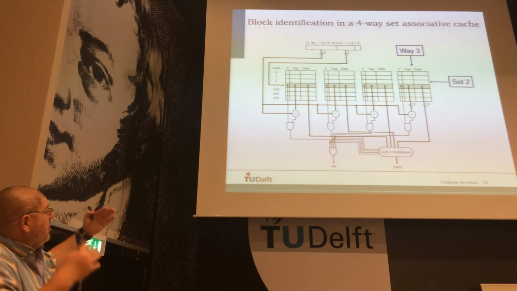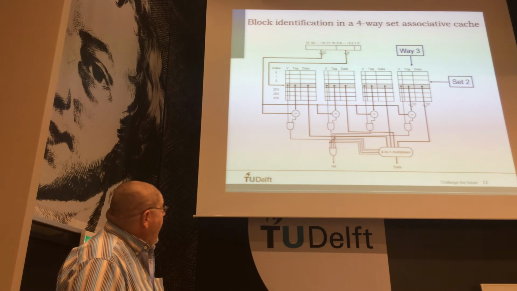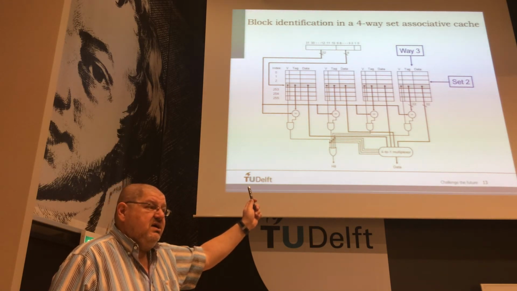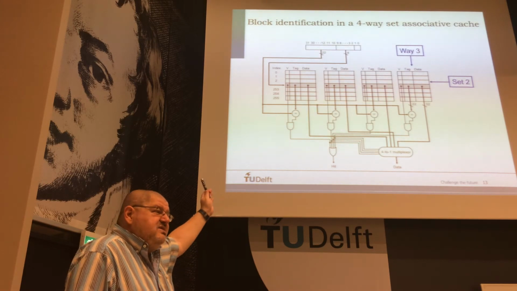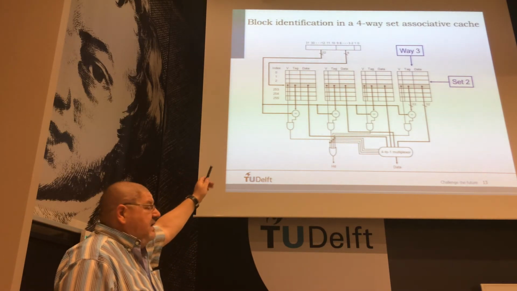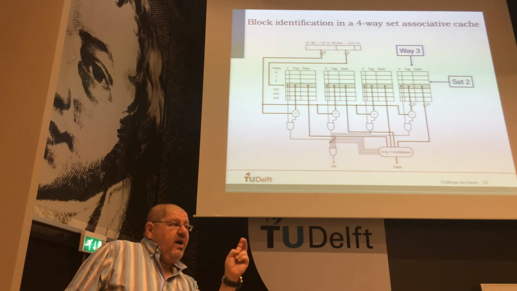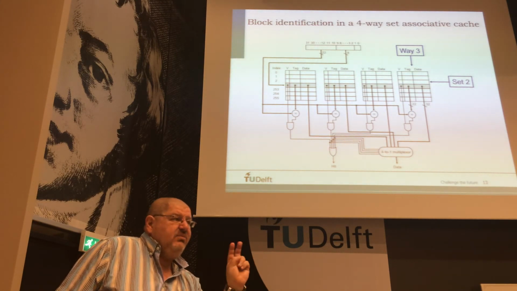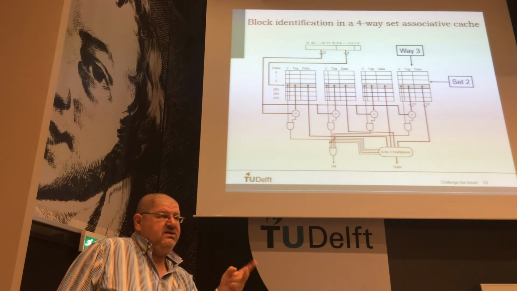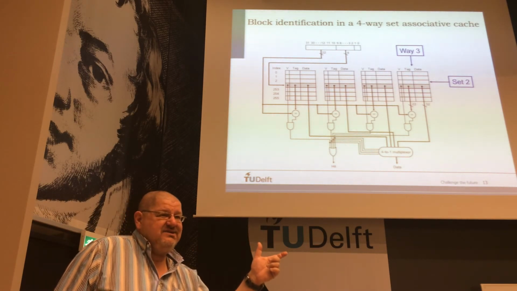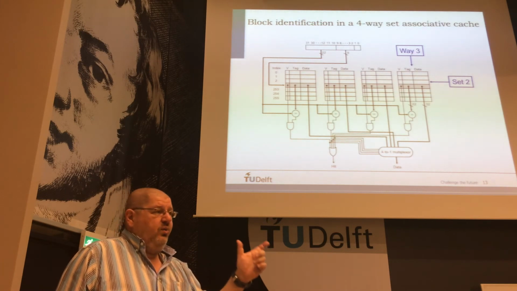Now I'm doing 4 comparisons, and those comparisons are on 22 bits, because those are the bits which are part of the tag. And I have 2 other bits which will let me select what item I want from the cache line. Then the cache line has 4 items, there are 256 sets, and there are 4 ways.